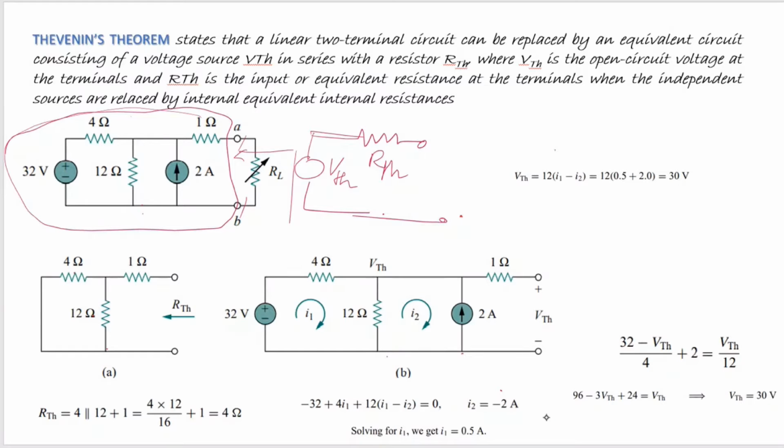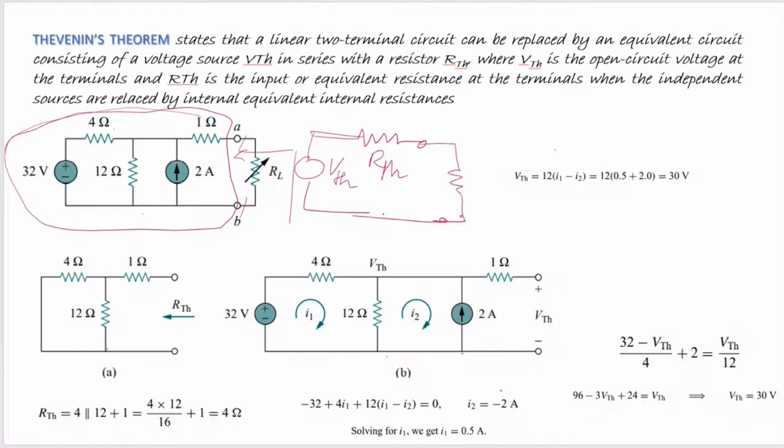After replacing this entire circuit with this circuit, you are going to connect the remaining circuit. What is the remaining circuit? It is nothing but the element which you have removed, RL.